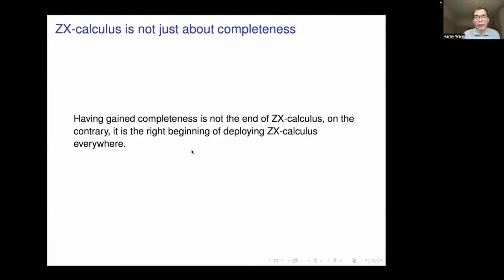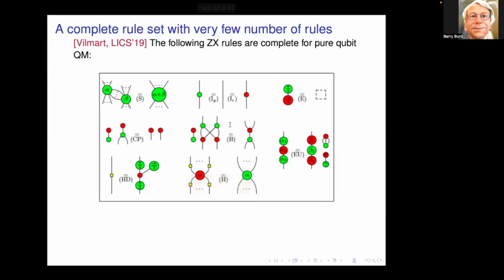So can I interrupt with another question here? If I go back a slide, back one slide. Okay, let's take the diagram in the very upper left corner.